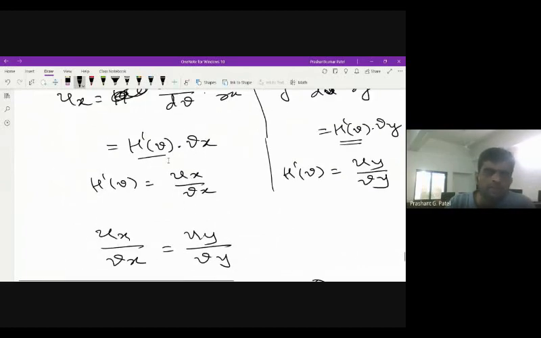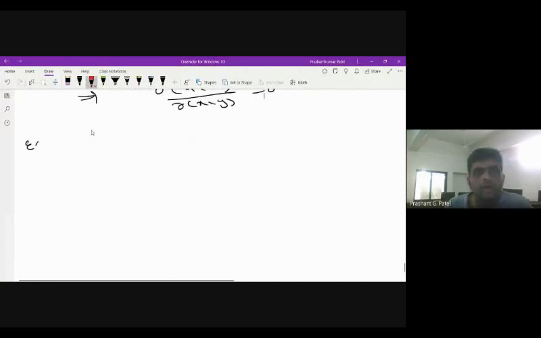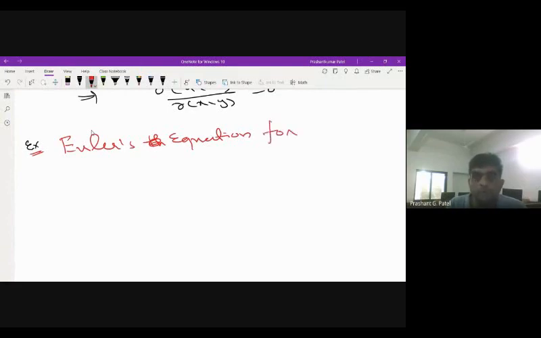The fourth type is actually Euler's function, or one can say Euler's theorem, if you remember, which you have discussed in your SY-BSc class for the homogeneous function. First of all, let us recall the definition of a homogeneous function.